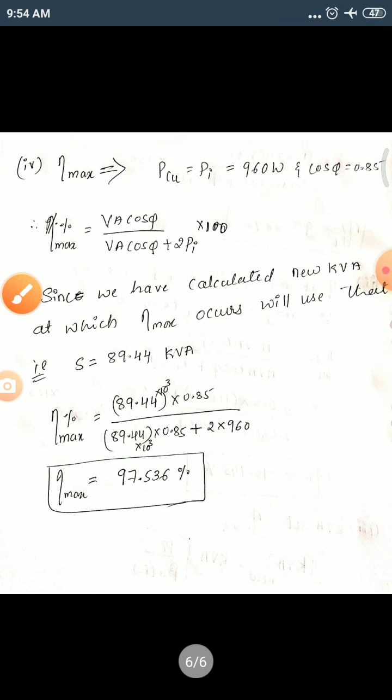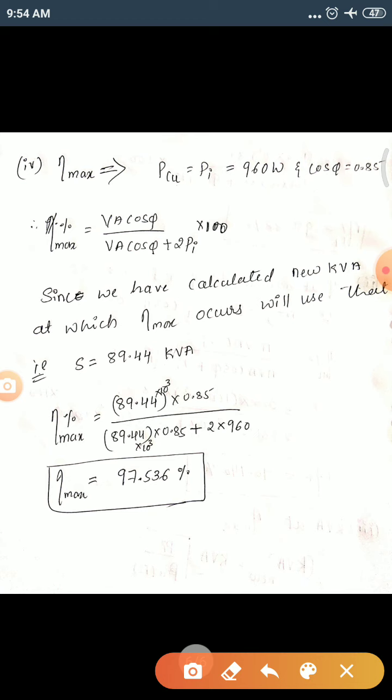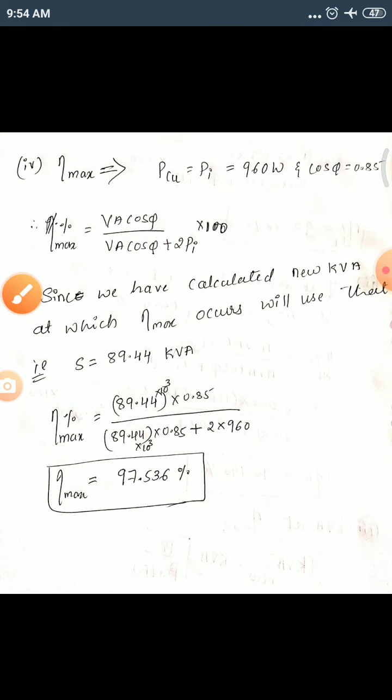If they had not asked about it, then we could use S equal to 100 into 10 to the power of 3, which is also okay. So 89.44 into the 0.85 power factor divided by the same thing plus the copper loss, which is our iron loss, so 2 times this, which is equal to 97.536%. I hope you have got this. Thank you.